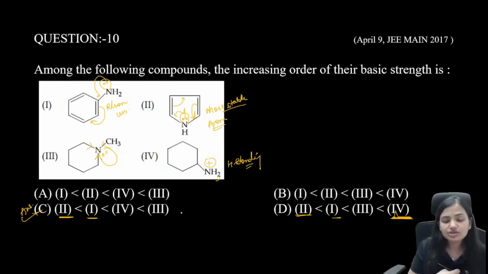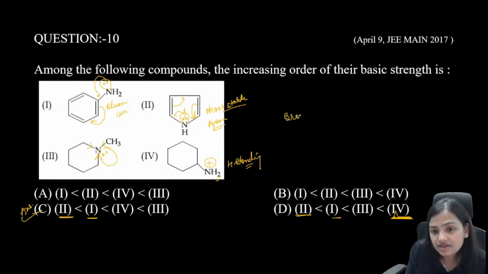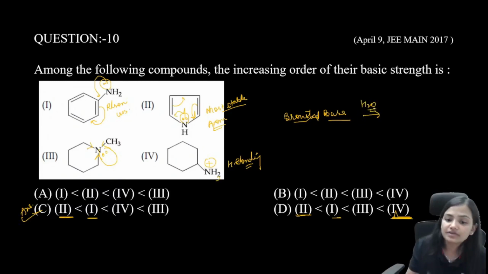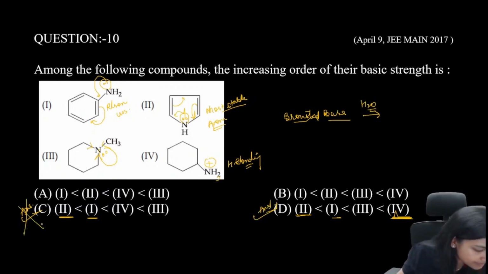I suggest my students, if you get any such kind of question, always apply the Bronsted base definition and see the basicity in the presence of water only, if nothing is being given to you. So that's how I would say the right answer has to be D, not C. Is it clear? Got it?